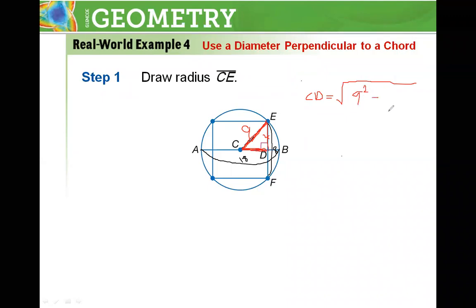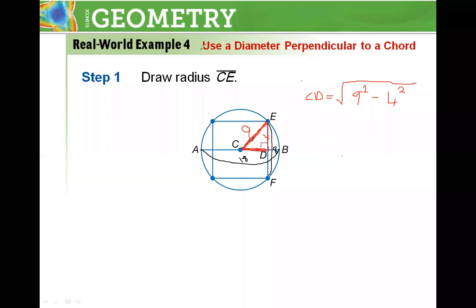Excellent, Muhammad. Minus, because 9 is the hypotenuse of the triangle, so we make minus, not plus, 4 power 2. And we get the result. It's 8.1, approximately 8.1. Excellent, Muhammad.